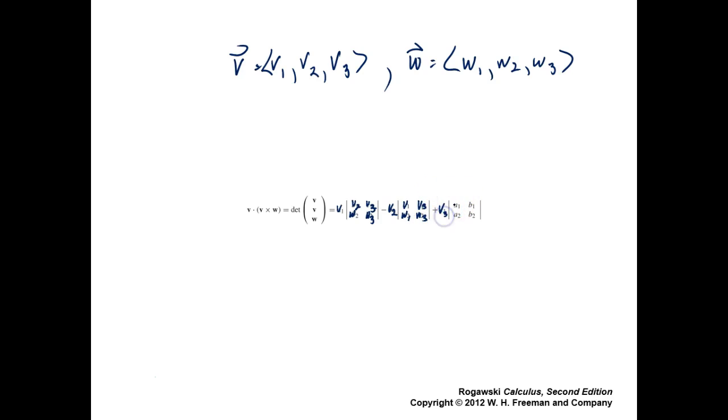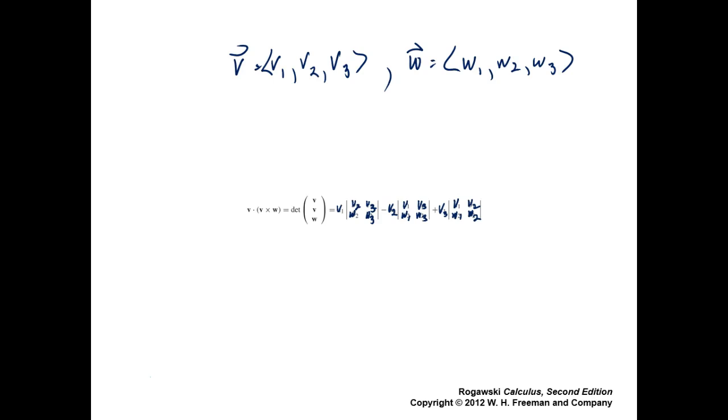V3, V1, V2, W1, W2. Pretty sure that's how it's supposed to be now. Boy, what a pain in the neck. They can't do that right. Okay. So, that's what your equation 11 is. Believe I've got it right now.